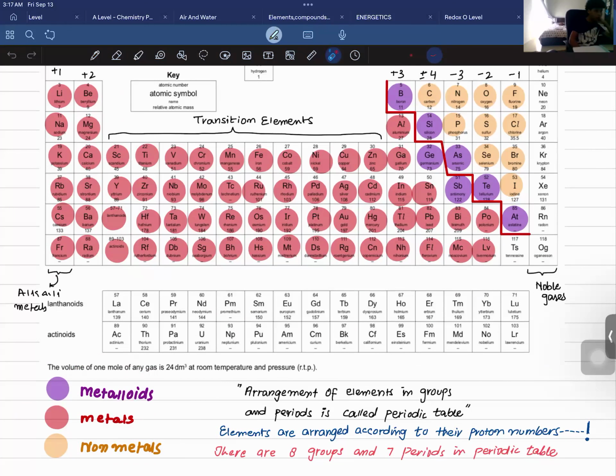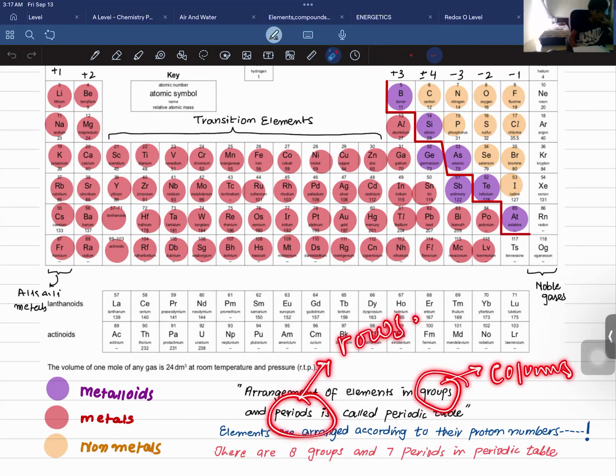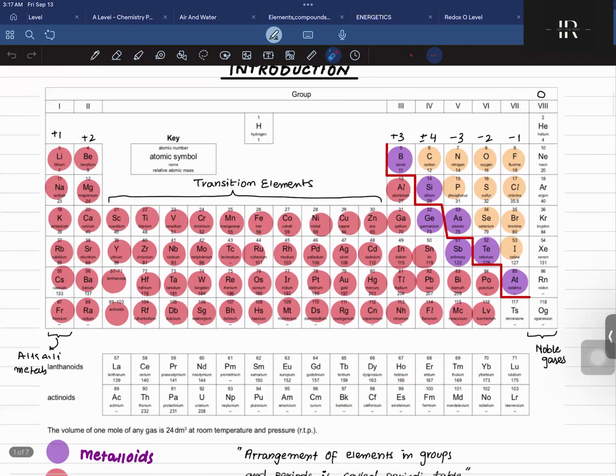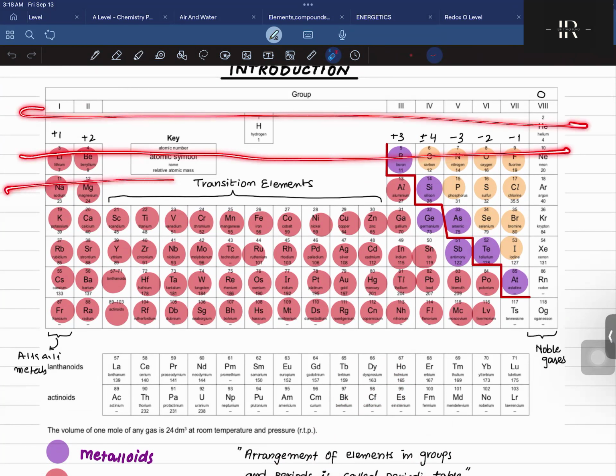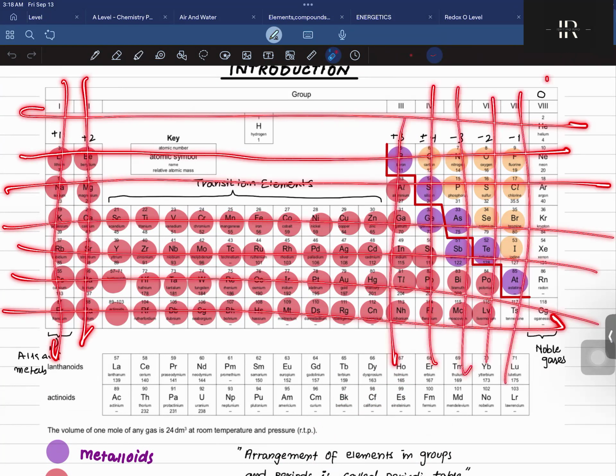So the arrangement of elements is in groups, I mean to say in columns, and in periods, I mean to say in rows. As you can see, this is a row, first row, then second, third, fourth, fifth, sixth, seventh. These are rows. And first column, second column, third, fourth, fifth, sixth, seventh, eighth.